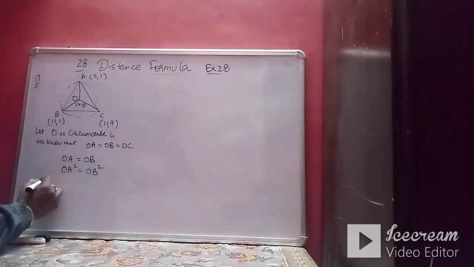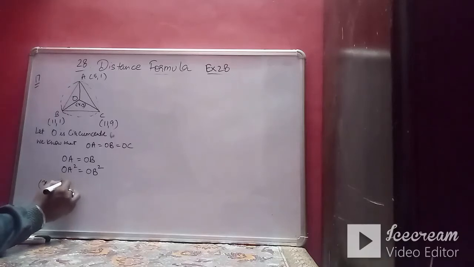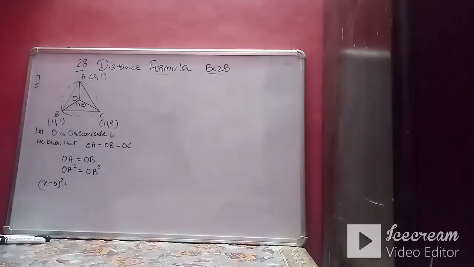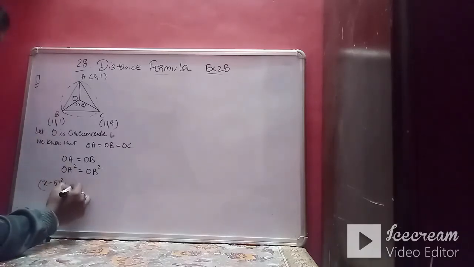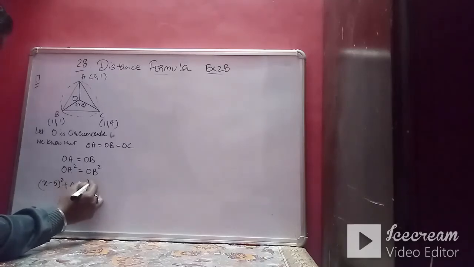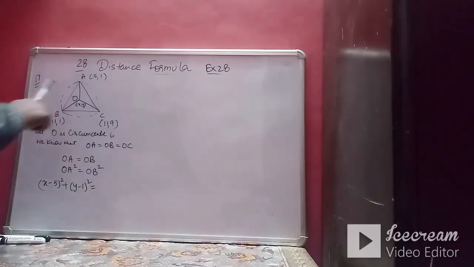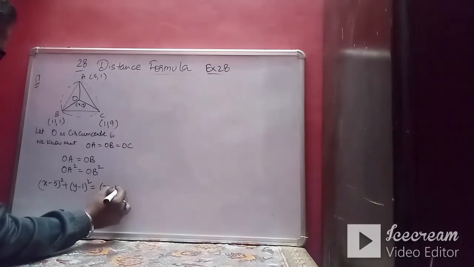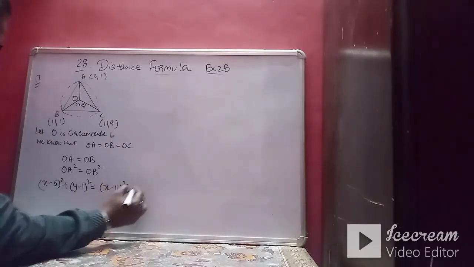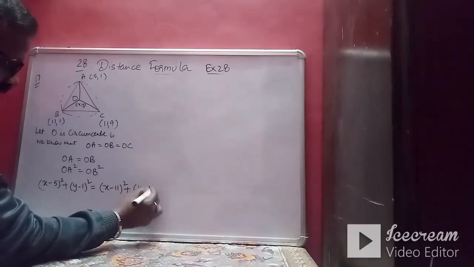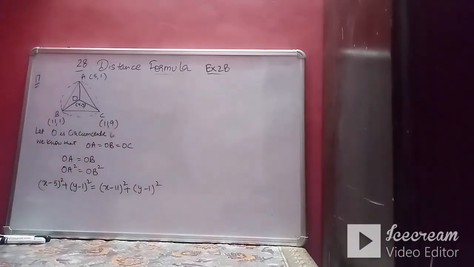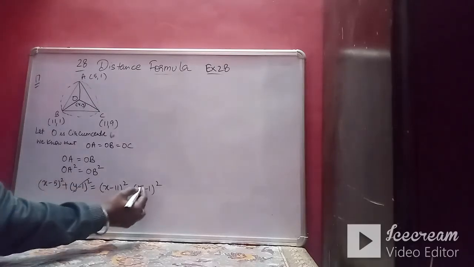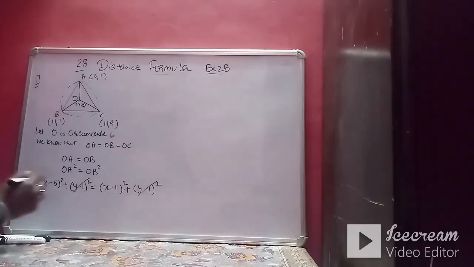What is OA? (x minus 5) whole square plus (y minus 1) whole square. This will be OA, and OB will be (x minus 11) whole square plus (y minus 1) whole square. So this (y minus 1) whole square, (y minus 1) whole square will cancel out.